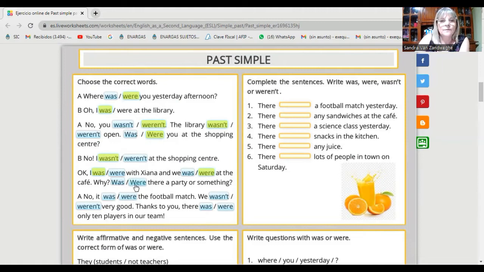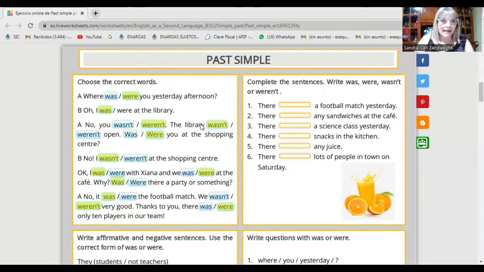Why? Was or were there a party? Was there a party or something? No. The football match? No. It was the football match. We weren't very good. Thanks to you, gracias a ti, thanks to you, there were only 10 players in our team.